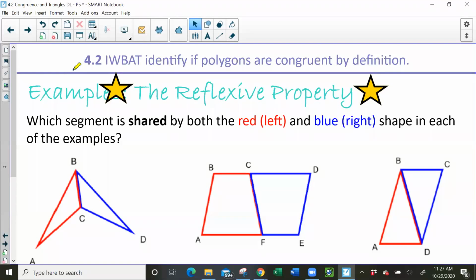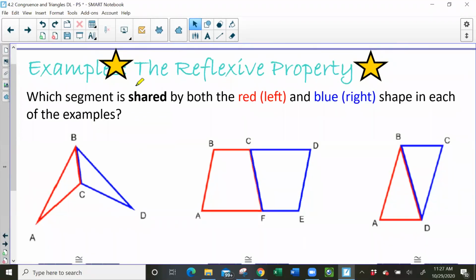So here we have 3 diagrams. We color coded them so you can see, but we have 2 triangles that are next to each other, 2 quadrilaterals that are next to each other, and 2 more triangles. Notice that they share a side.